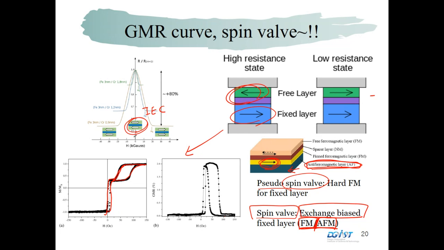So in this case, we are going to play with only a small field. The important thing is here, or in MR, we're going to use this part. So in a small field, we can get a relatively large MR value. So this is the basic principle of the GMR usage.